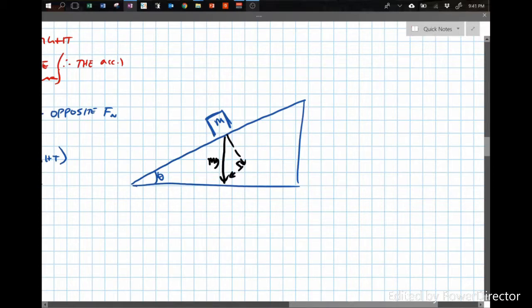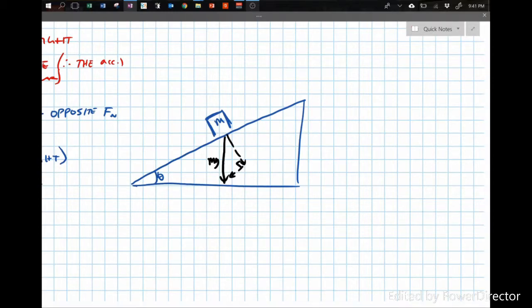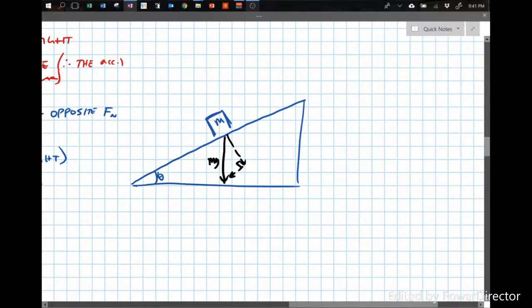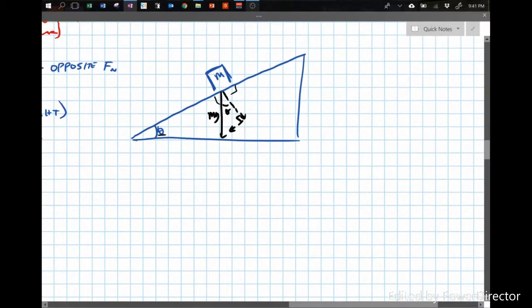So we've drawn this nice little right triangle, and we need to find out what the parts of that right triangle are. So if this angle is theta, that's 90 minus theta. That's 90, so this has to be theta. So inside of this, that angle is theta. So I want to redraw that triangle.